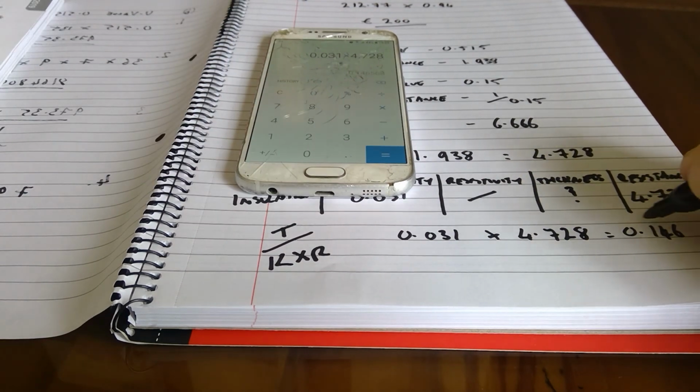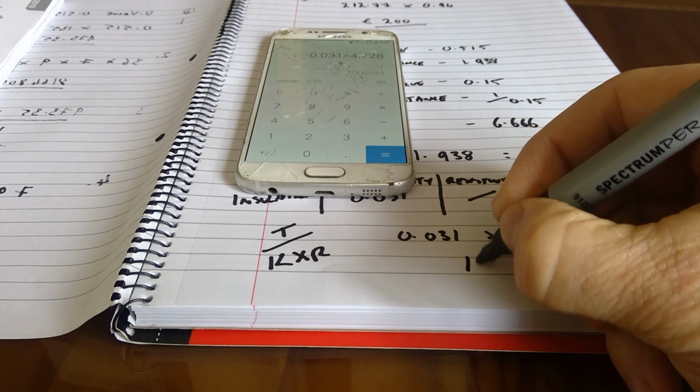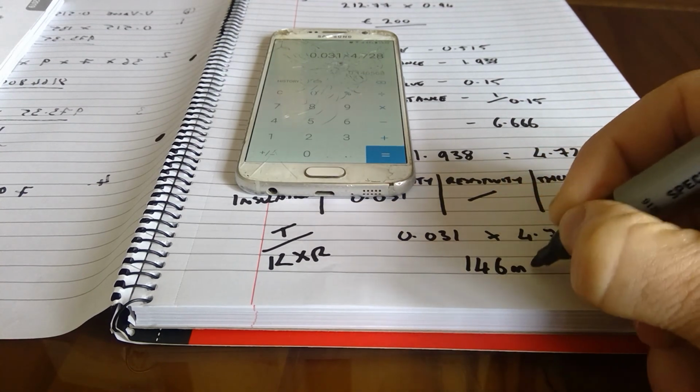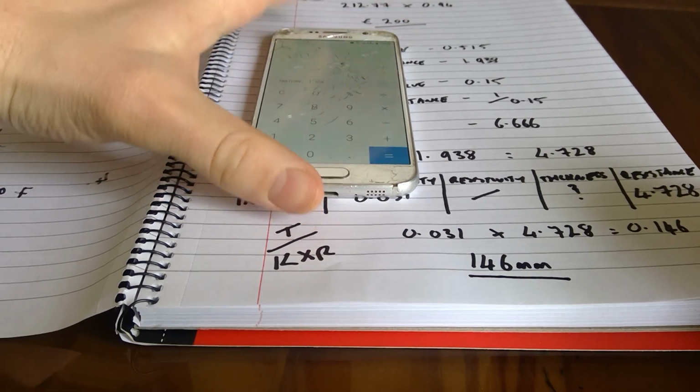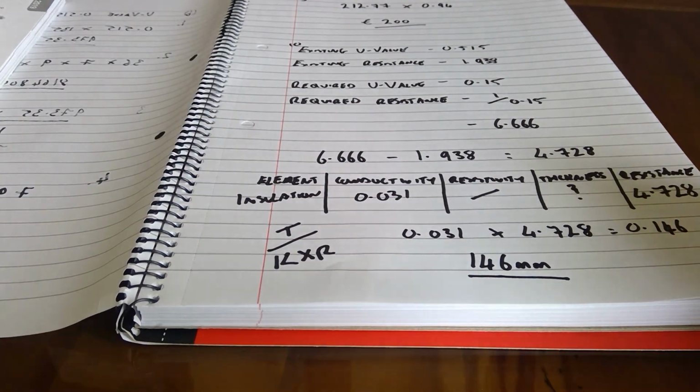That's your thickness. That's in meters, so that will work out at 146 millimeters of insulation needed there. So that is the full question complete. Quite a manageable question.